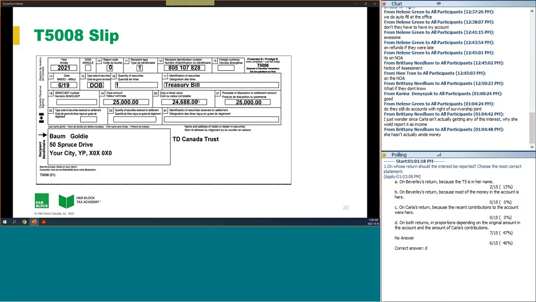Okay, so you will probably see other things on a T5008 slip. If everything is filled out completely and it isn't an unusual scenario, they've just sold shares once, in that case, you will be able to handle it on a return. Most sales of shares are not interest, it's capital gains. So if it's sales of shares, sales of mutual funds, you'll have capital gains.